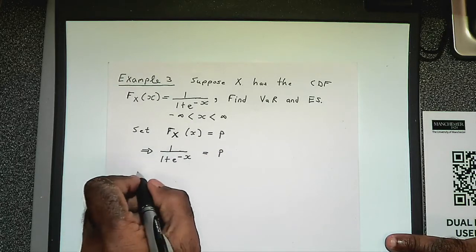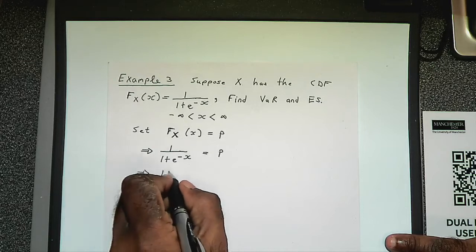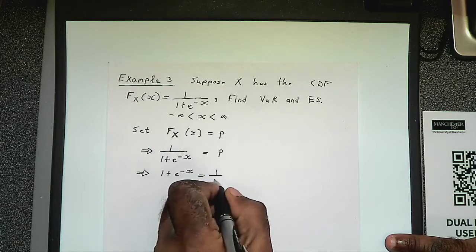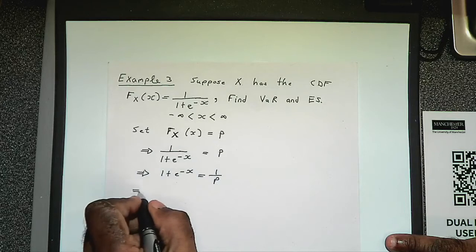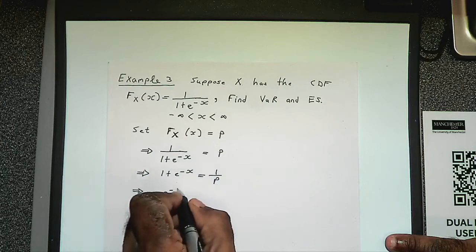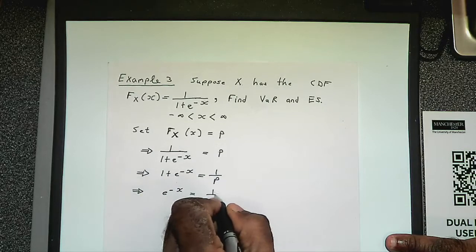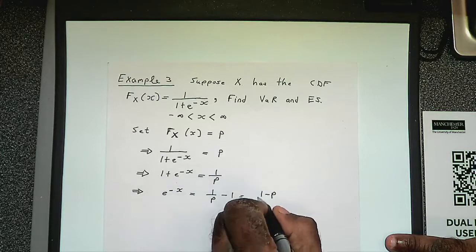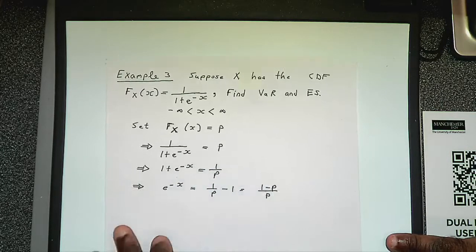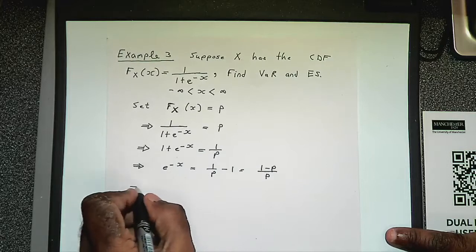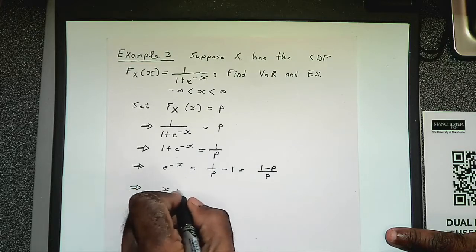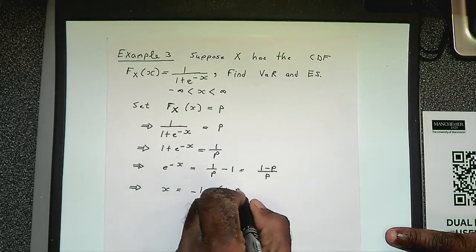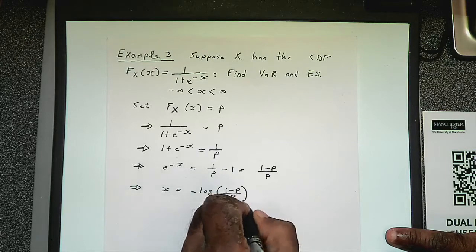So all right, so your x is going to be minus log of (1 minus p) divided by p, right?